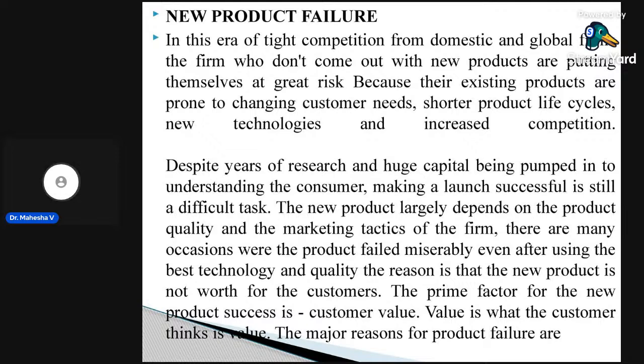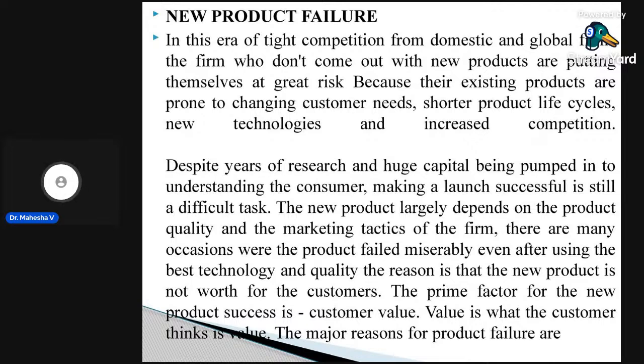Despite years of research and huge capital being pumped into understanding the consumers, a successful marketing launch is still a difficult task.